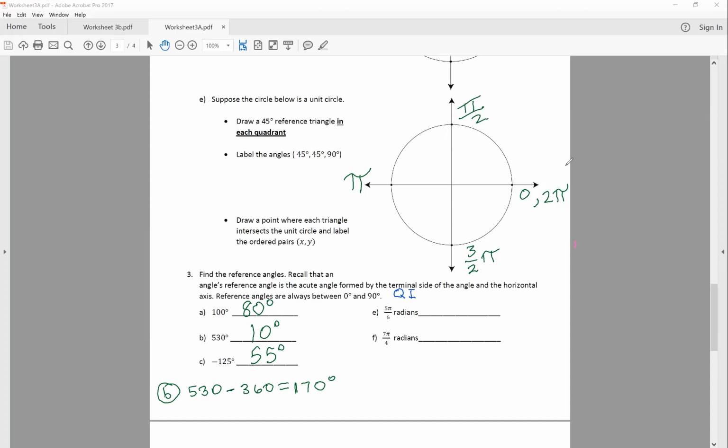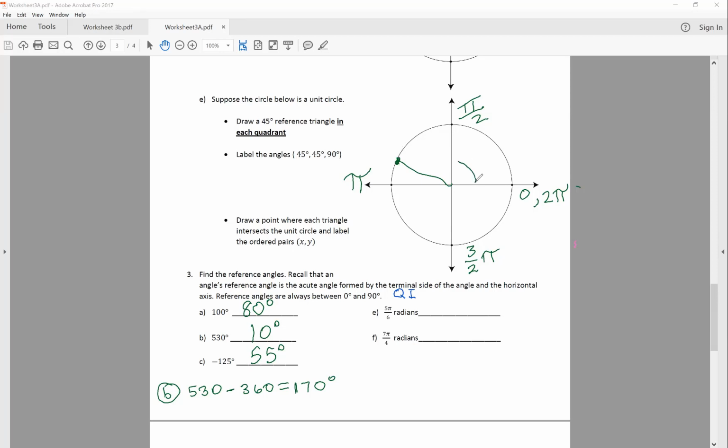So 5 pi over 6. Well, 5/6 is definitely less than 1. And then 5/6, is it more than 1/2 or less than 1/2? Well, 3/6 is 1/2, so 5/6 must be more than 1/2. Since it's more than 1/2, it's got to be in quadrant 2.